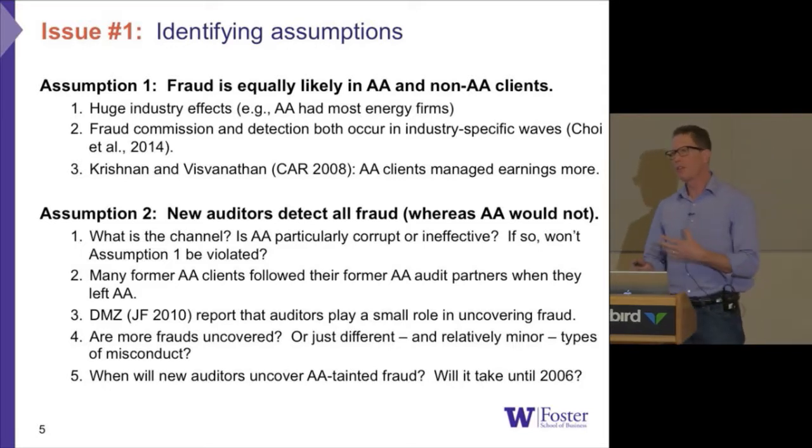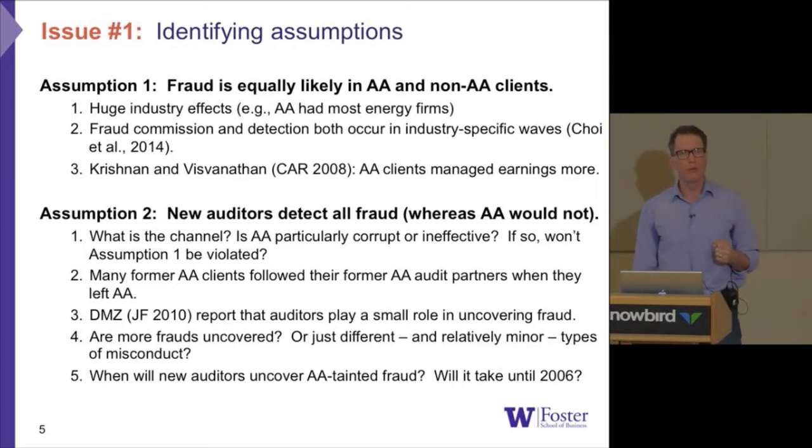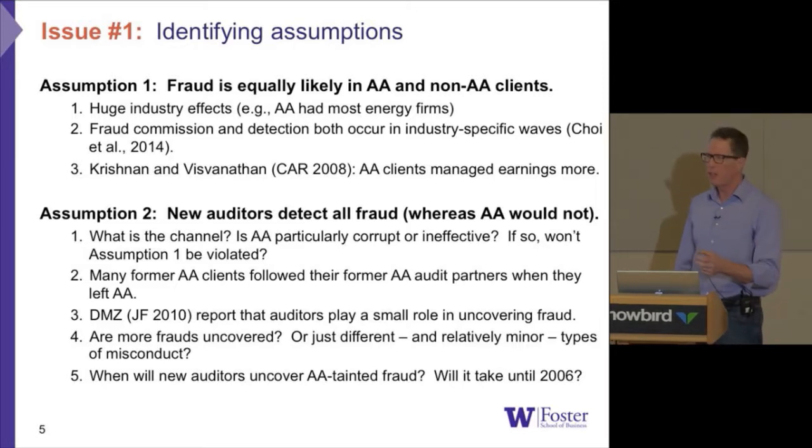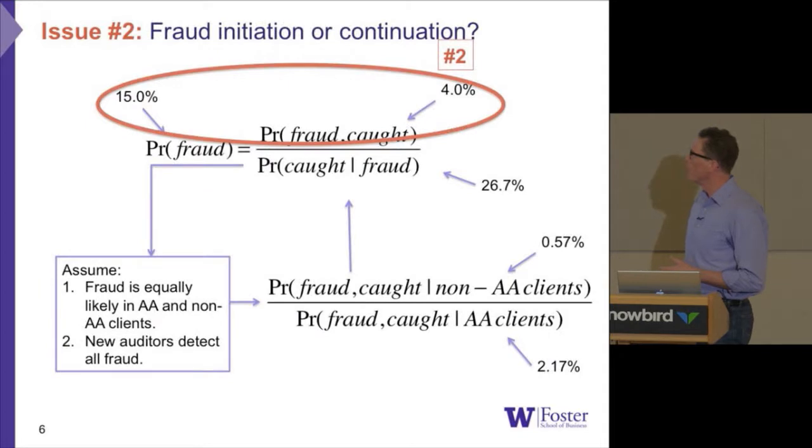So each of these assumptions could be played with quite a bit. The authors do recognize some of the sensitivity of the results to relaxing these assumptions, and something that I think could be done a little bit more.